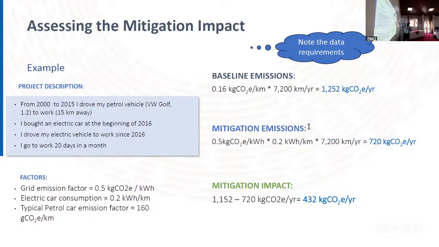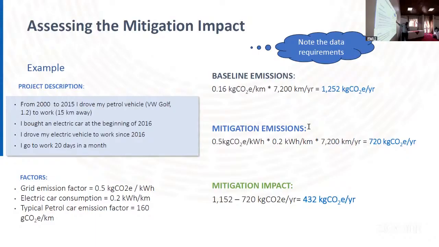But because he bought an electric car, which is our mitigation scenario, you see the 0.5, which is the grid emission factor, then the consumption, and then multiplied by the distance he covers, you see that he's still emitting less than what he would have been emitting if he was driving his small petrol car.